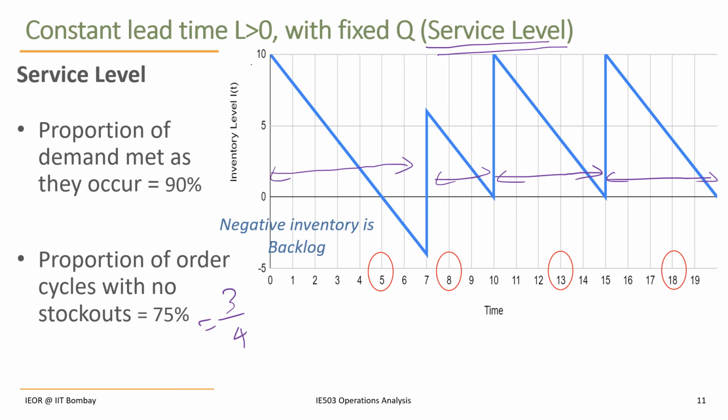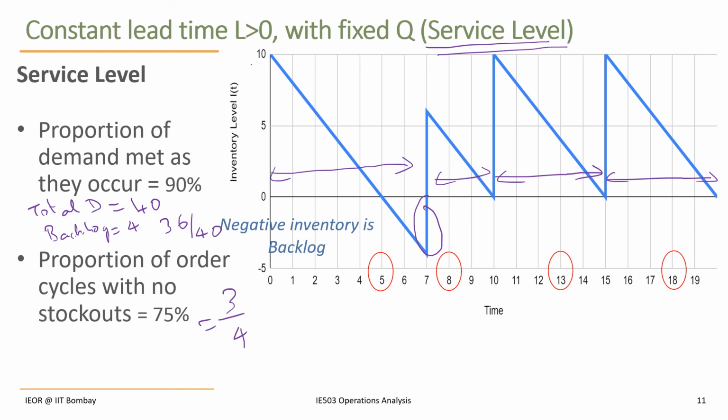So in each period, and we have 4 cycles, the total demand D is 40 units, of which in time period 5 to 7 about, let's take this as 4 units, were backlog. So the proportion of demand met as they occur would be 36 by 40, which is 90%.